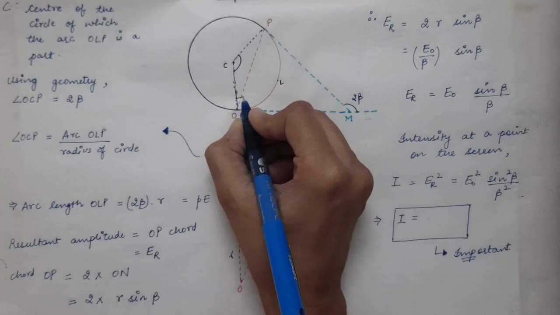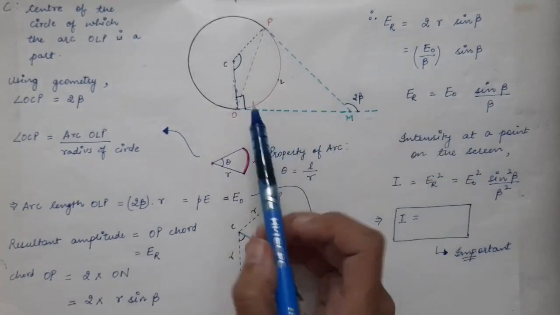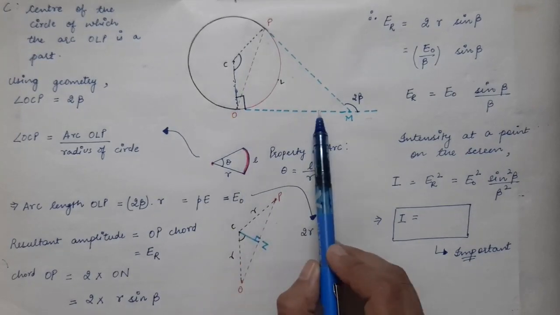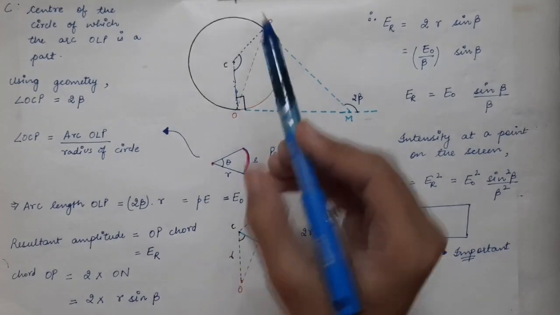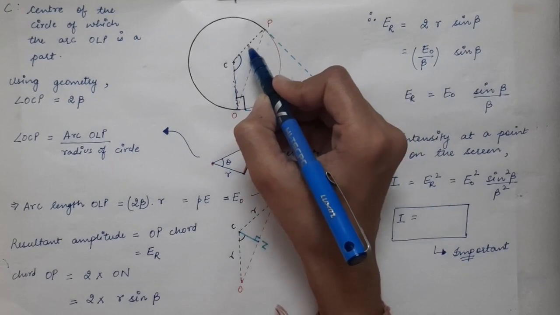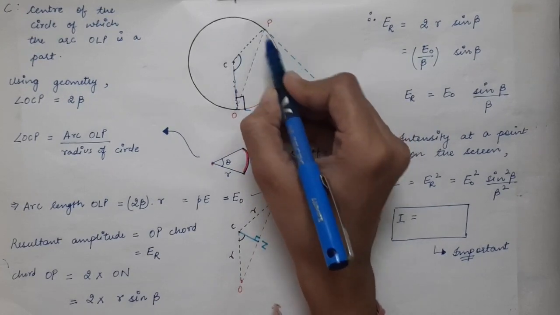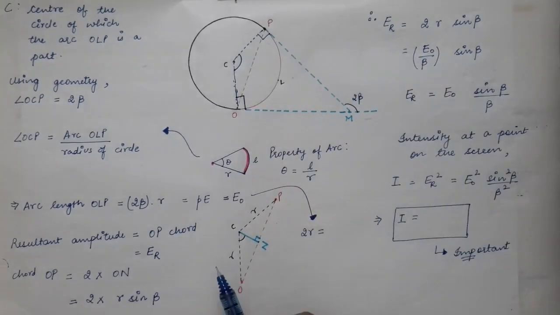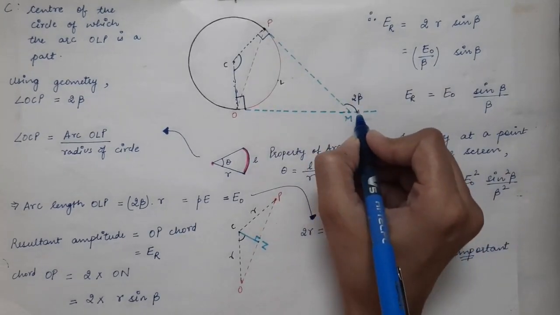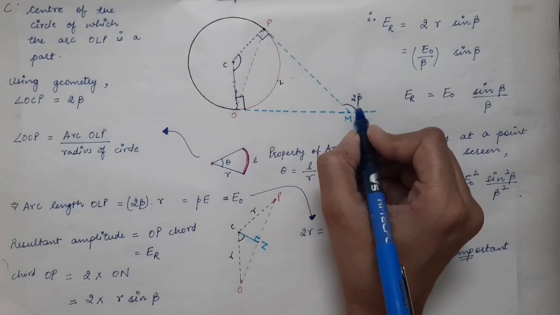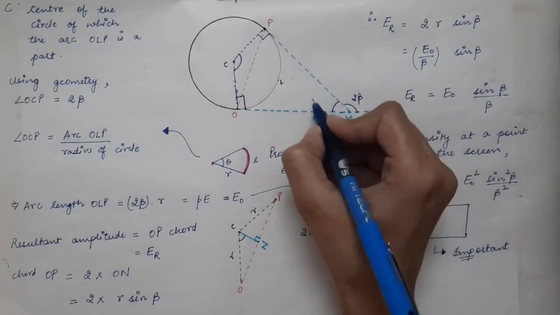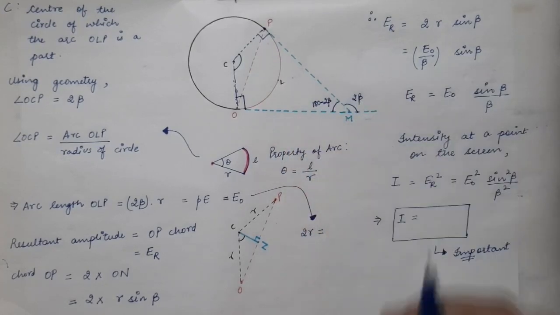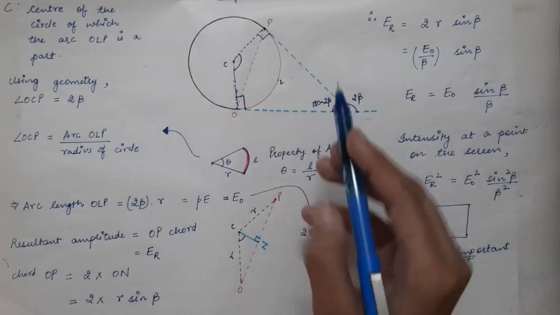So this angle is equal to 90 degrees. Similarly over here, the angle made by this radius and the tangent drawn at this particular point will be equal to 90 degrees. Then this angle we have assumed is equal to twice beta, so this angle will be equal to 180 degrees minus 2 beta.